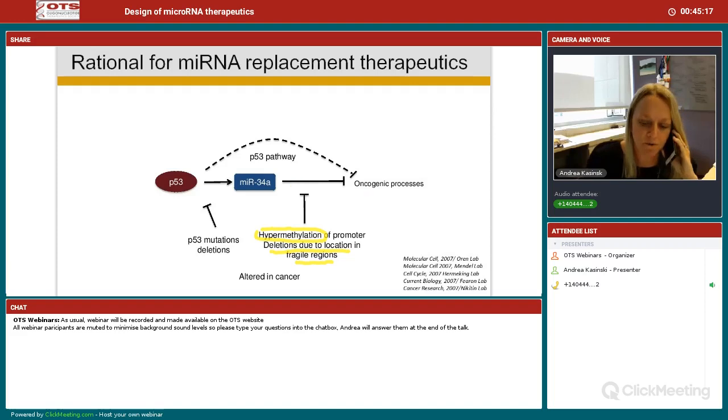These individuals would also benefit from miR34 restoration therapeutics. So this gives a little bit of background on a microRNA that perhaps would have a really striking phenotype with regard to tumorigenesis if we can restore it specifically in the diseased tissue.